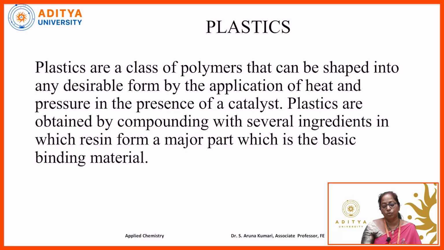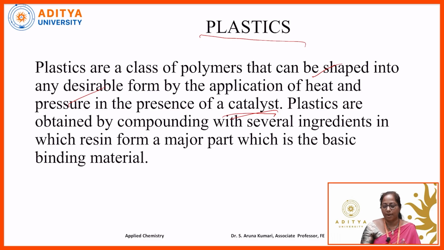Now, let us move to another type of polymers, mostly known as plastics. As we know, plastics are the class of polymers that can be shaped into desirable form by the application of heat and pressure in the presence of catalyst. So, it is very important that for a polymer we need heat and pressure in presence of a catalyst.